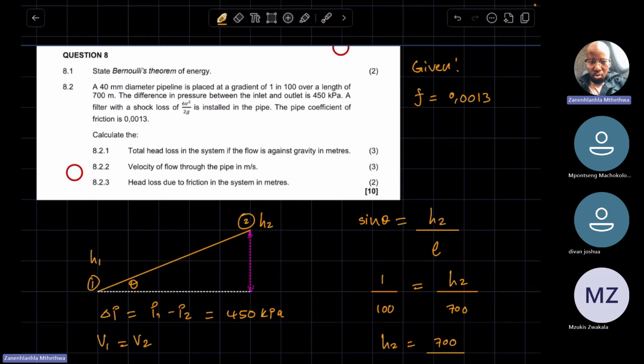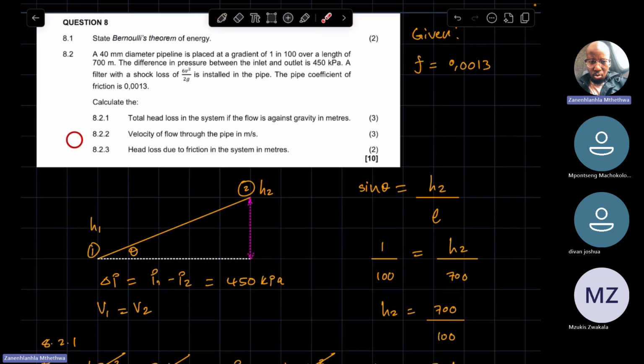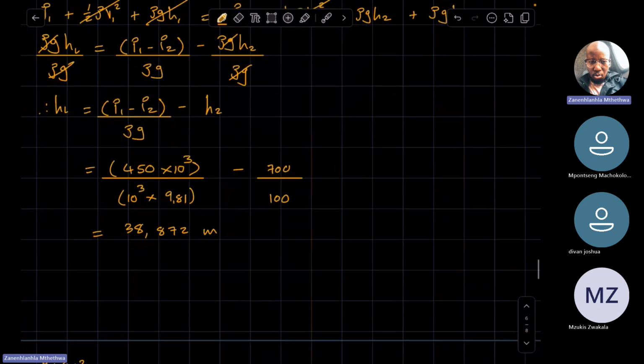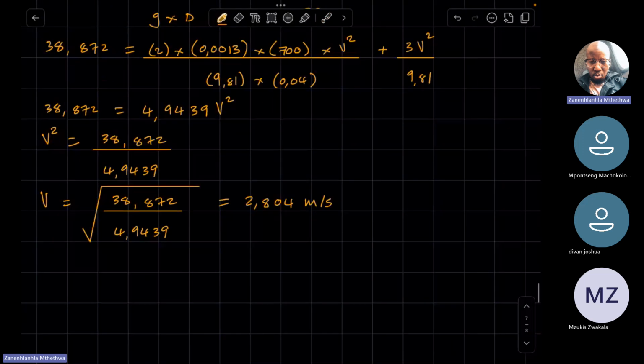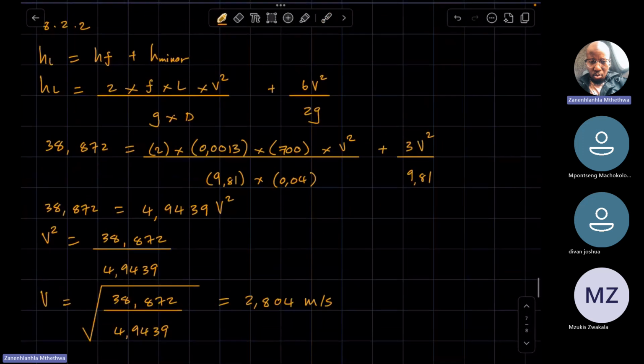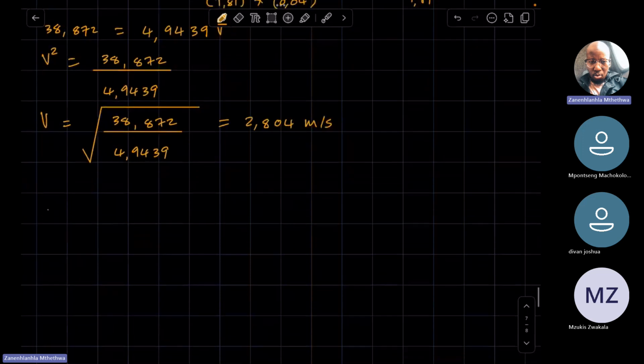So here they made things simple for you and said calculate the loss due to friction, and the loss due to friction is HF. So all they want is for you to calculate the frictional head loss. So that is 8.2.3. They want us to calculate HF.